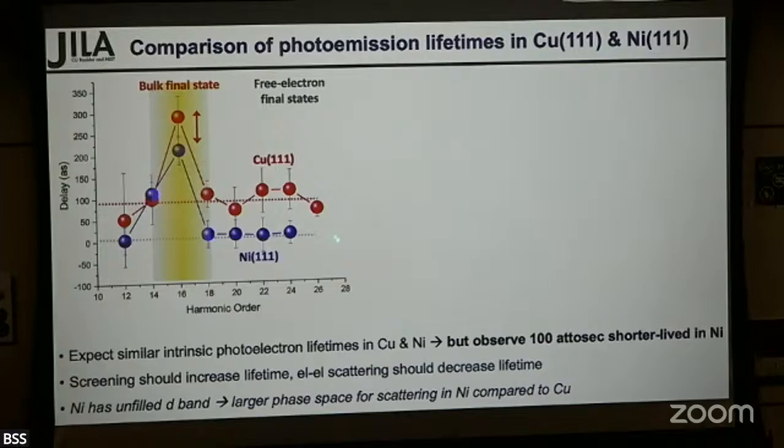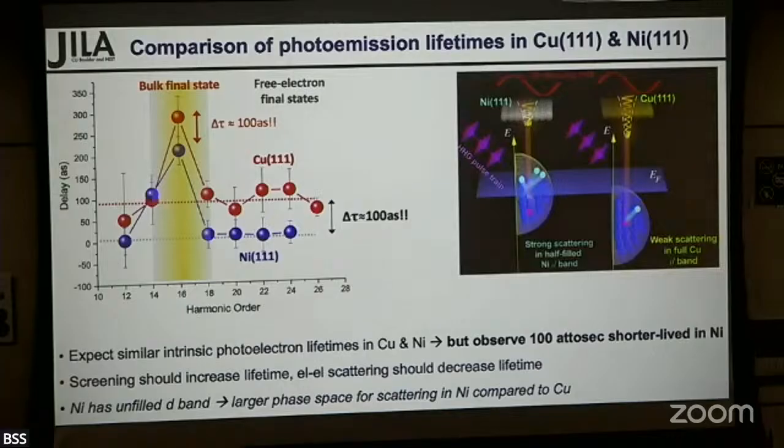So either there had to be more electron scattering in nickel, or more screening in nickel. And then we realized that nickel has an unfilled D band, and that unfilled D band means that there's more phase space for scattering in nickel, and that might be able to explain this difference.